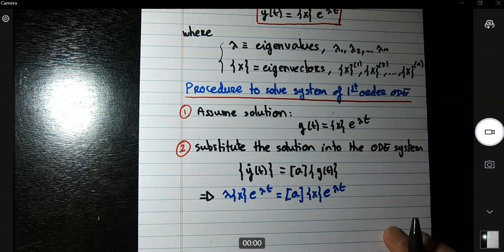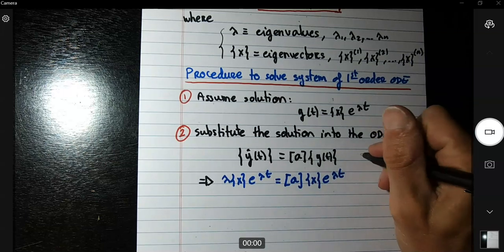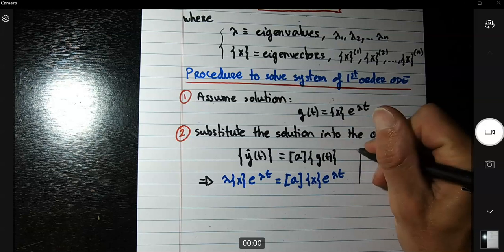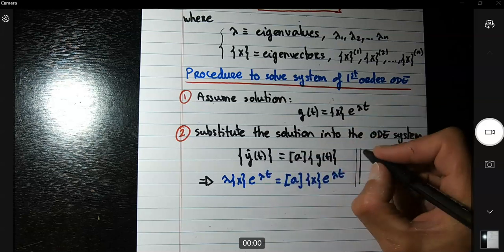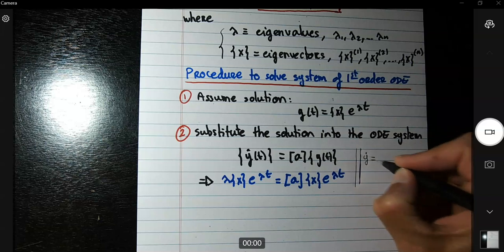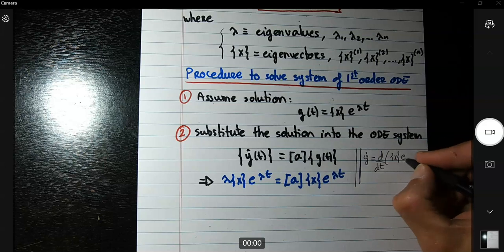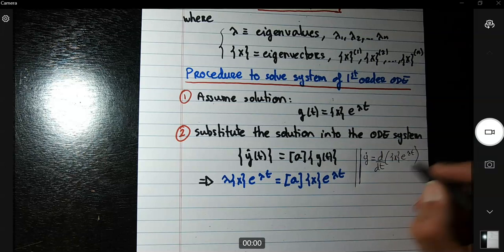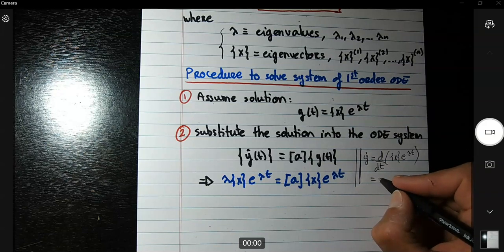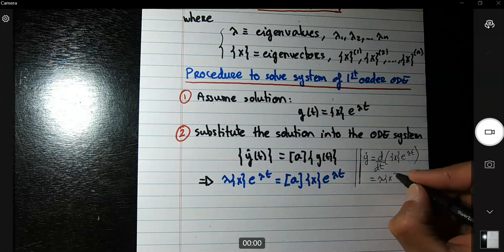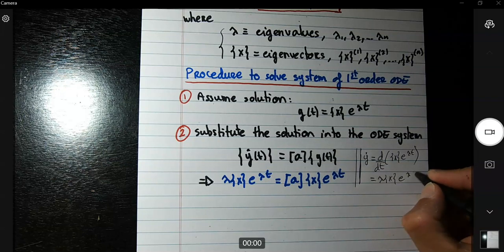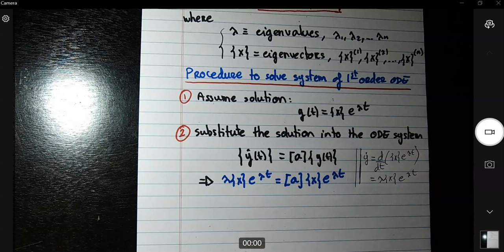I think you know how to do that, but let me just do one little thing over here for clarification. This term, y dot, is equal to d dt of the vector x e lambda t. So this is equal to lambda times our vector x e lambda t, which is this term over here.